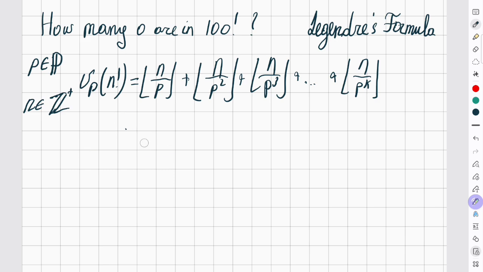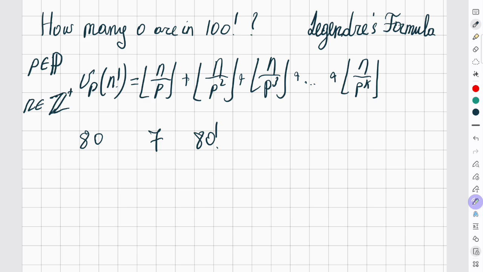Let's solve an easy question here. For instance, let's say we have 80 and we want to find the number of 7s in 80 factorial.